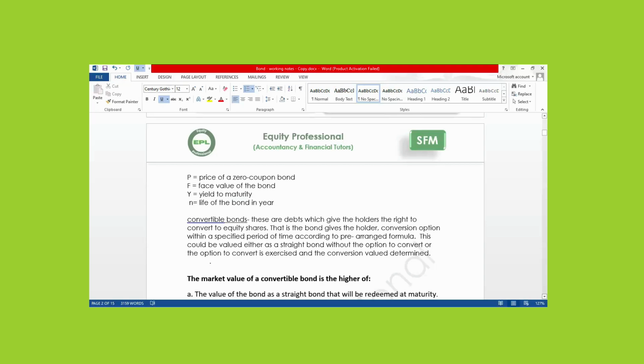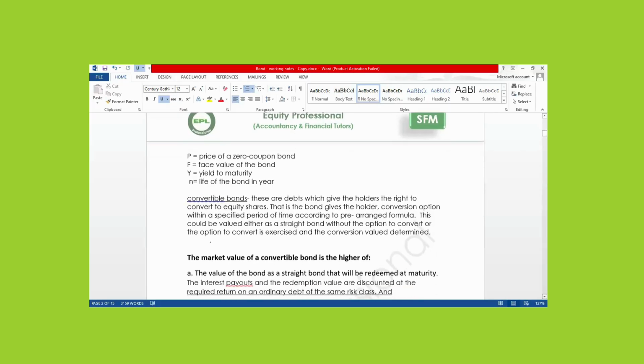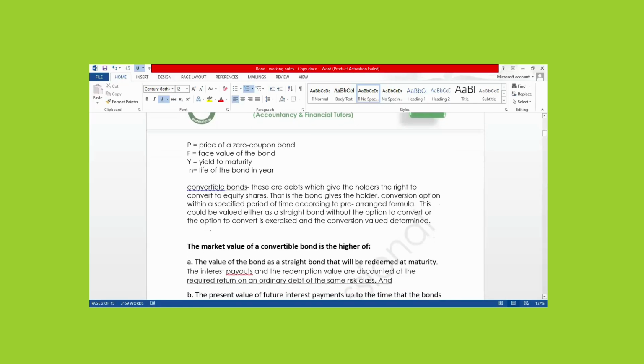In that case, we are going to assume that the convertible bond will not be converted to equity shares.